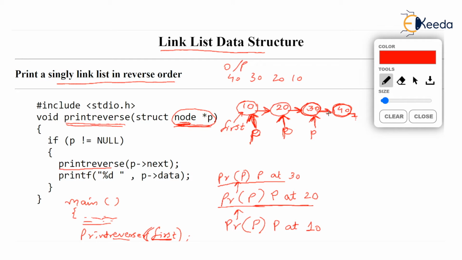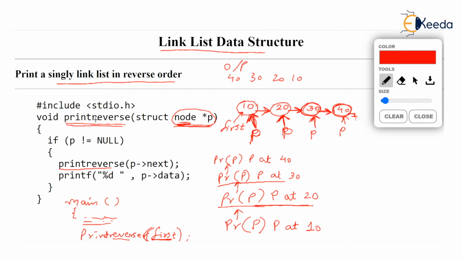So print reverse is called with parameter P where P is now pointing at 40. So a fresh function starts with local parameter P pointing at 40.